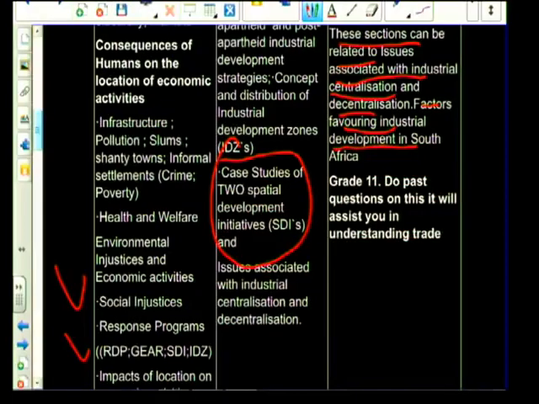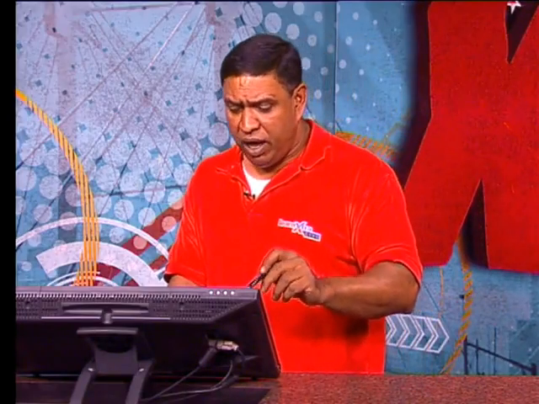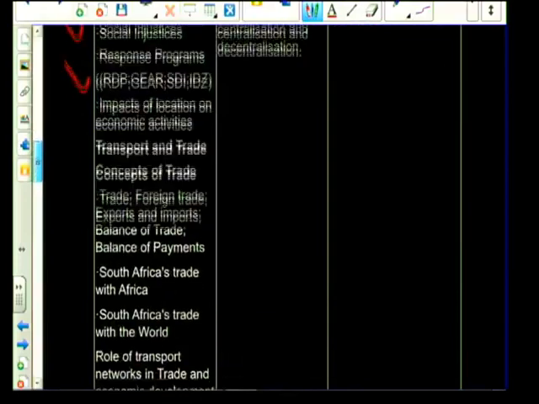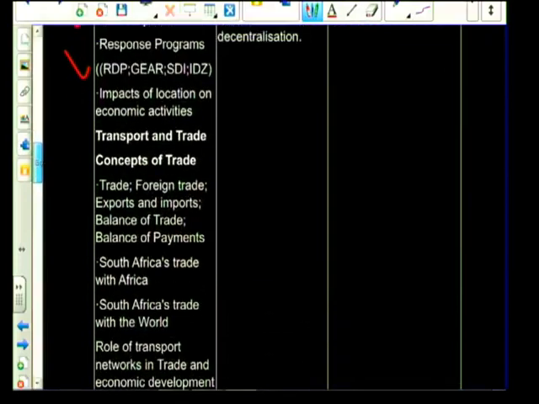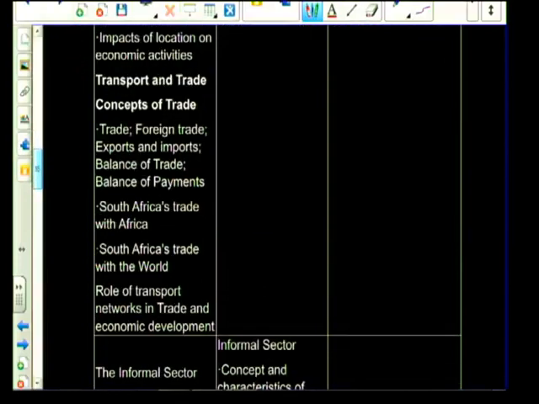I got here, do grade 11 papers, because some of this is covered in terms of your understanding of trade. Because if you look at your issues down here, you'll find generally trade, the concept of trade, is out of the new one. Can you see it here?